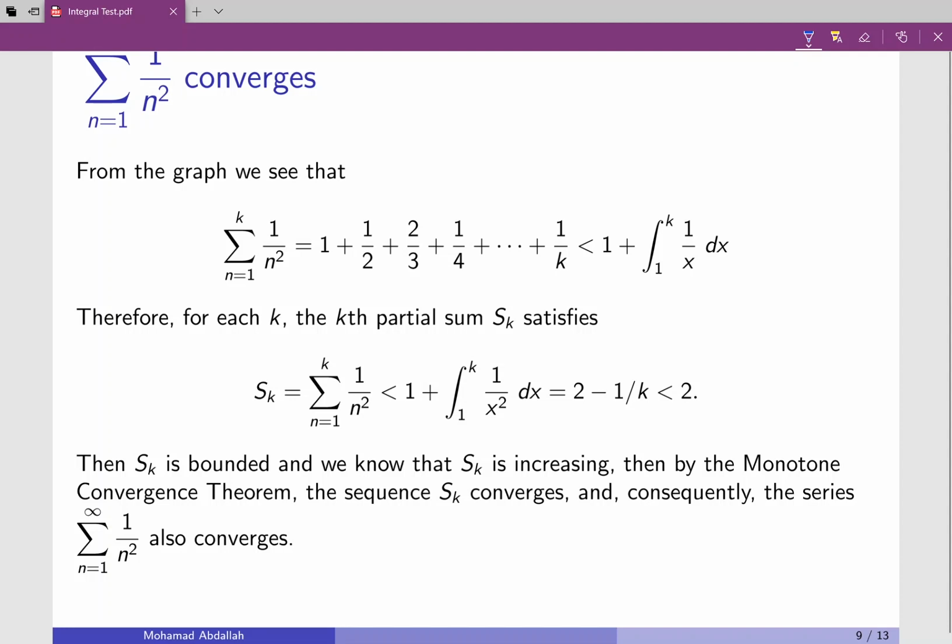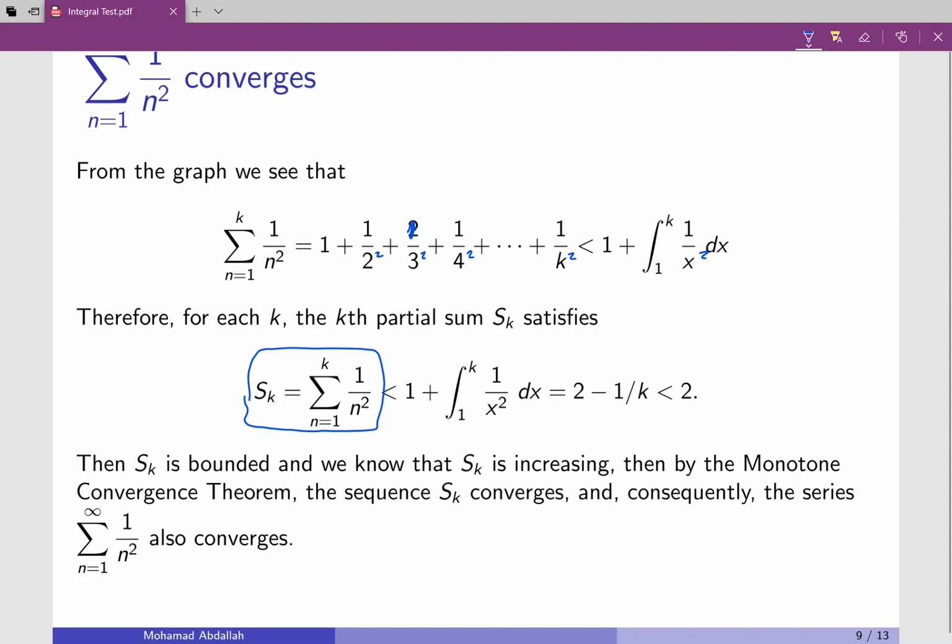I'm going to get 1 over 2 squared, 1 over 3 squared, 1 over 4 squared, up to 1 over k squared, less than 1 plus the integral from 1 to k of 1 over x squared dx. So for each k, the kth partial sum, sk, satisfies the following inequality. Sk, the kth partial sum, is less than 1 plus the integral from 1 to k of 1 over x squared dx, which can be computed here.